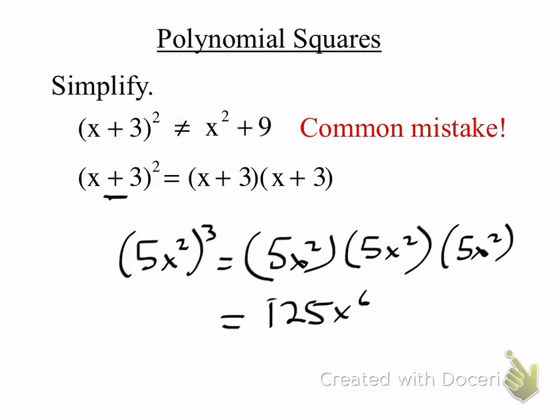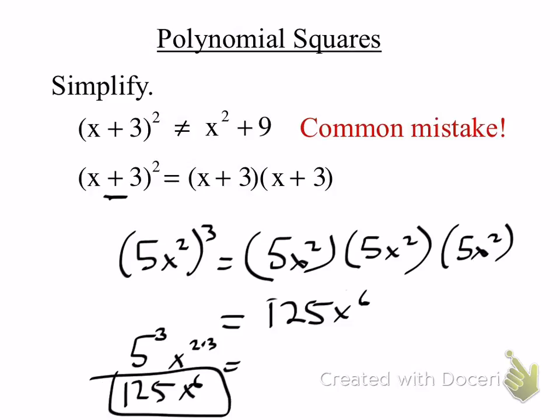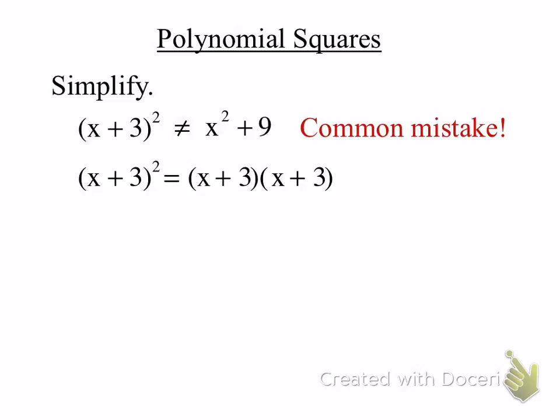Am I clear? Or 5 cubed and x squared to the 3rd power, which is 125x to the 6th. Are you guys good with that? So let's not make that mistake.